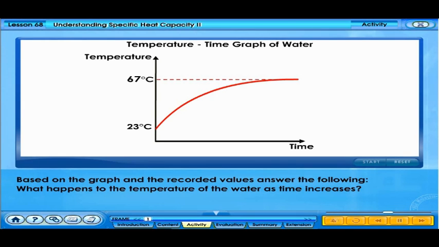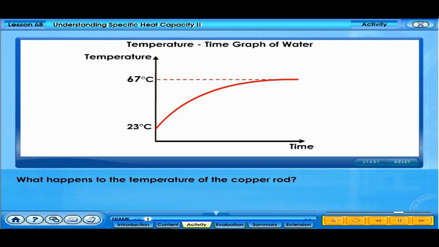What happens to the temperature of the copper rod as time increases? What happens to the temperature of the water as time increases? The temperature of the water increases. What happens to the temperature of the copper rod?